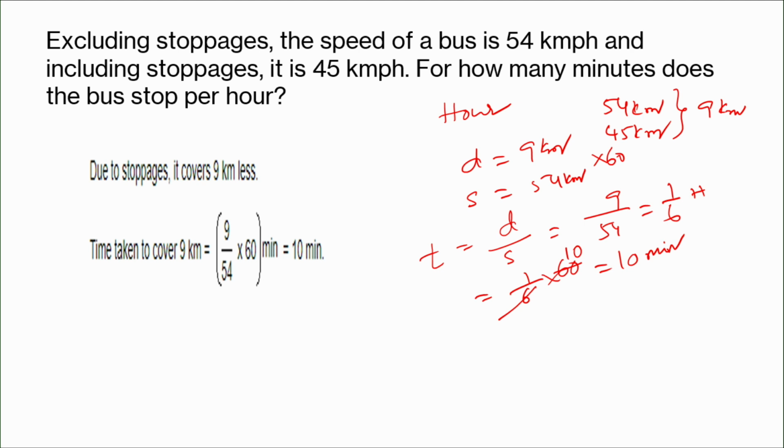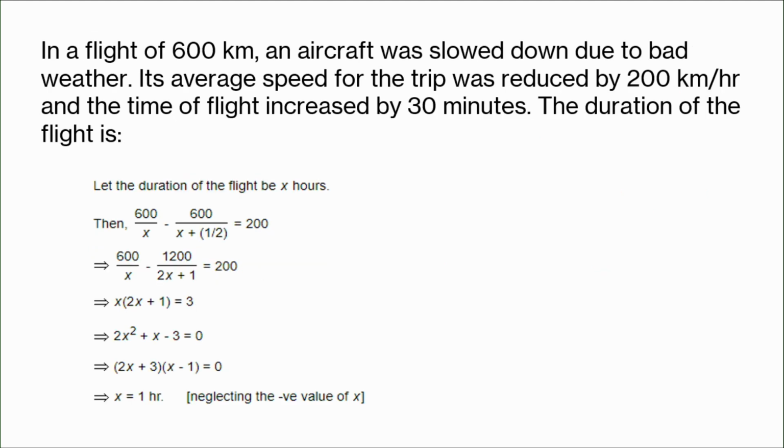Is it clear? Now, we will see one more question. In a flight of 600 kilometers, the aircraft was slowed down due to bad weather. Its average speed for the trip was reduced by 200 kilometers per hour and the time of flight increased by 30 minutes. The duration of the flight is?